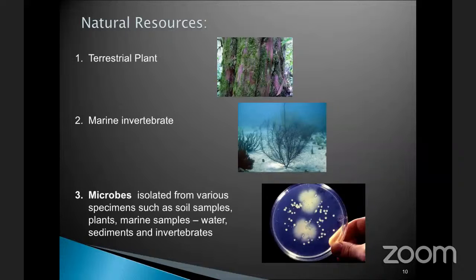And that's the reason people are moving towards microbes. Microbes have a tremendous capacity, and by that I mean they can produce a number of scaffolds, and they can produce a scaffold in good quantity as well.